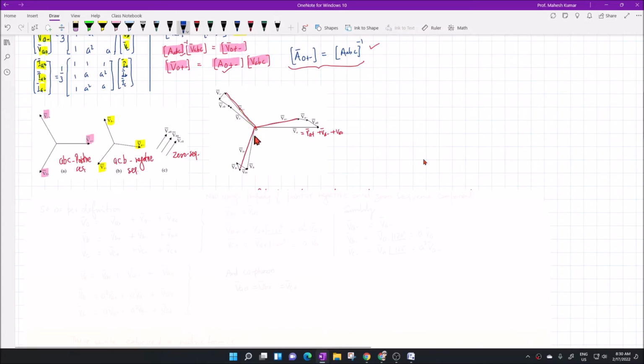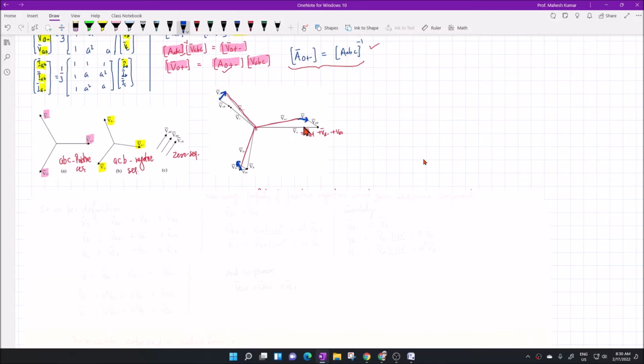Similarly, you have Va minus. This is Va minus. This is Vb minus. See, balanced negative sequence. This is Vc minus, should be in this direction.